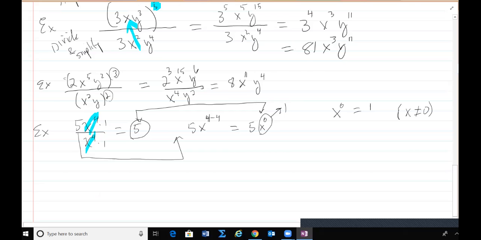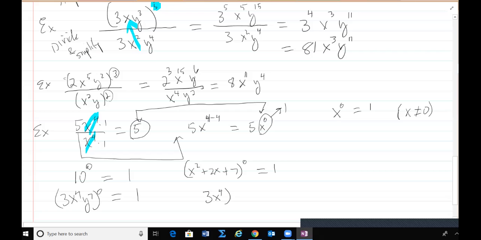So now let's take some examples. If you have 10 to the 0, automatically 1. Okay, x to the 4th, y to the 7th with, let's say, a 3 in front of it. You can raise all that to the 0. Guess what? It's a 1. If you have x squared plus 2x plus 7, and that's raised to the 0, it's a 1. If you have 3x to the 4th, and you want to raise that to the 0, it's a 1.